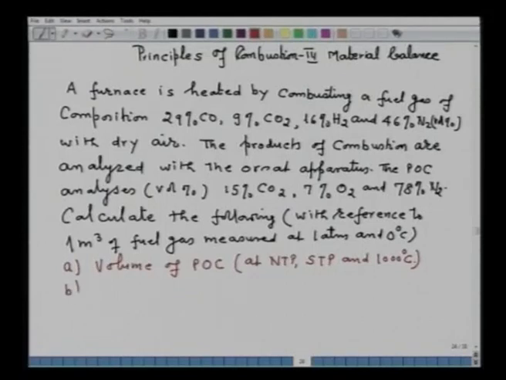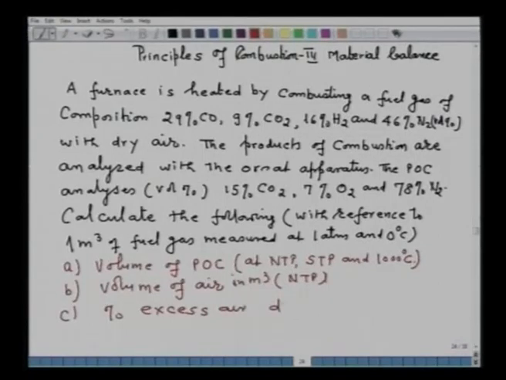Second, or B, volume of air in meter cube, again at NTP. C, percent excess air, and D, percentage H2O in POC.